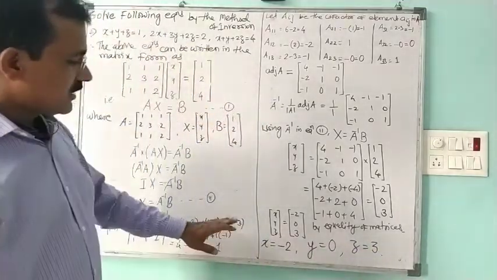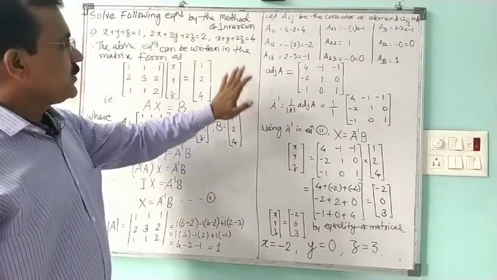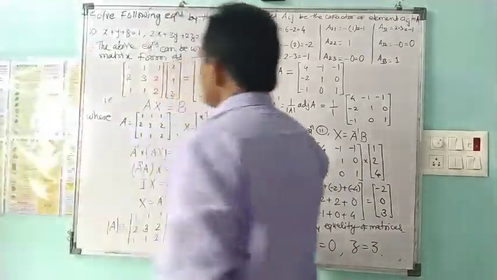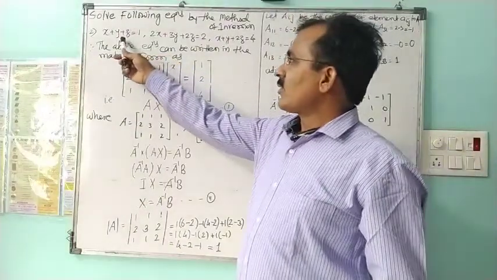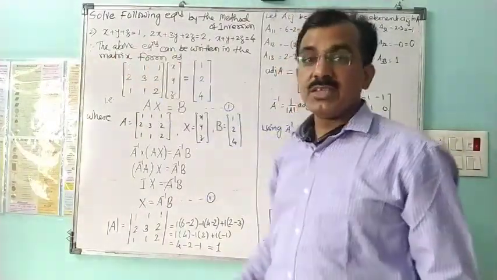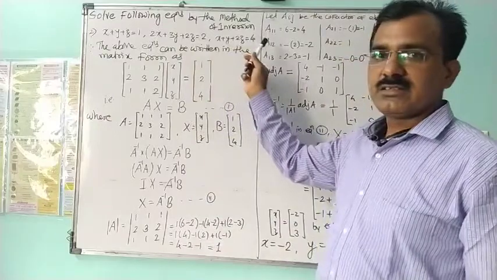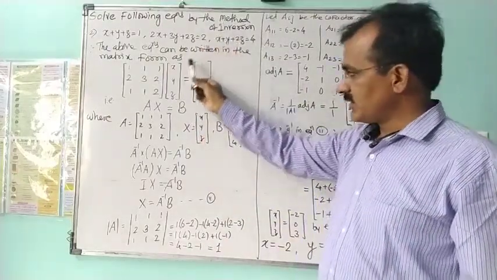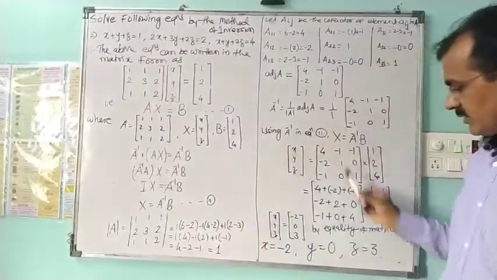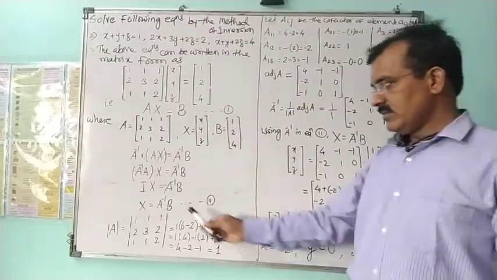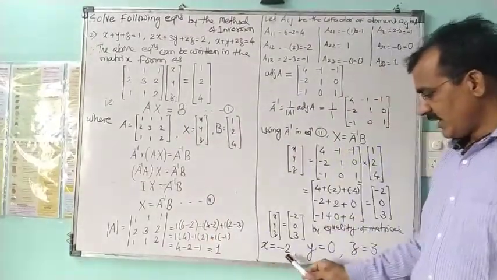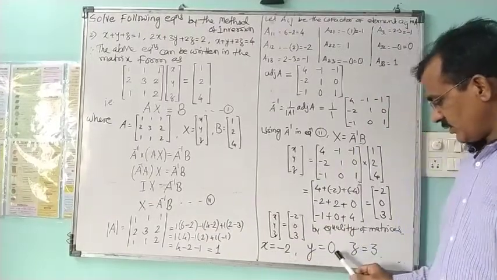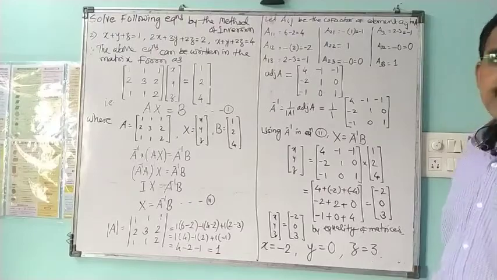So this is the structure of using the method of inversion when equations are 3 with 3 variables. So 3 equations and 3 variables can be solved by the method of inversion. By using it step by step, we can get the value of the 3 variables. X is equal to minus 2, y is equal to 0, and z is equal to 3. Thank you.